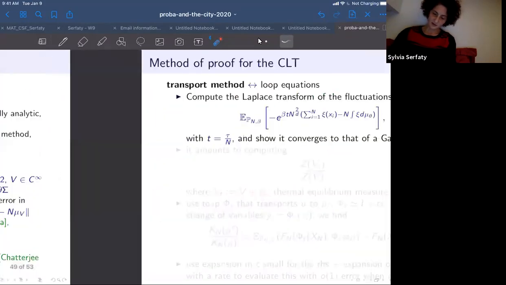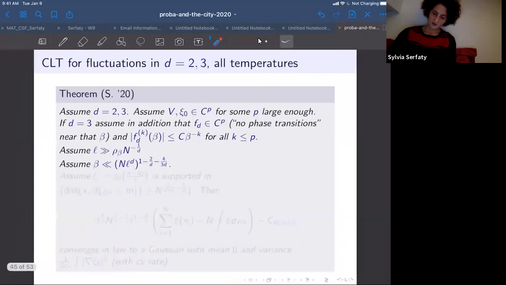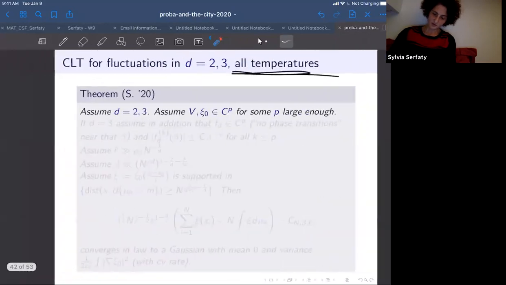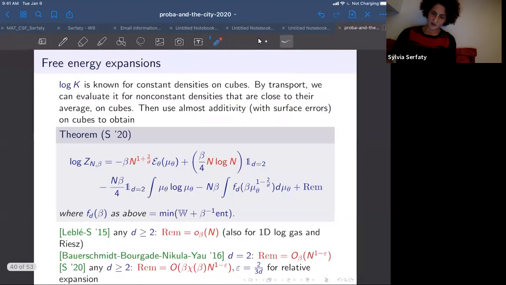So the fact that this theorem there, I'm going to get to it, was obtained with a good remainder term, that's what allows to get the CLT.